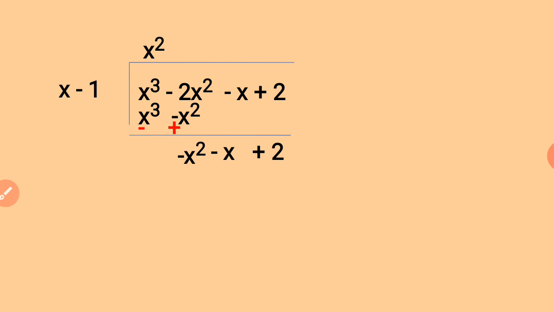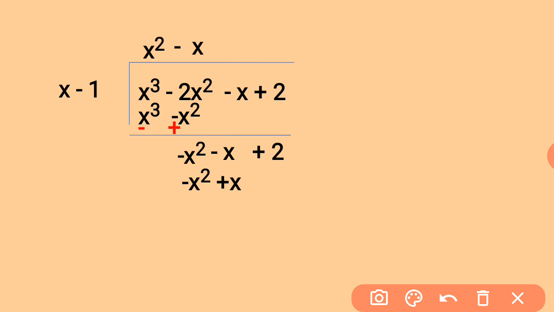Now you are going to compare the first term of the divisor polynomial and the polynomial that we have got just now. So that is x and minus x square. In that case, if I multiply x with minus x, I get it as minus x square. So when I multiply minus x with x, I get minus x square.